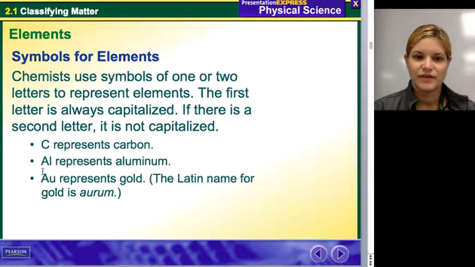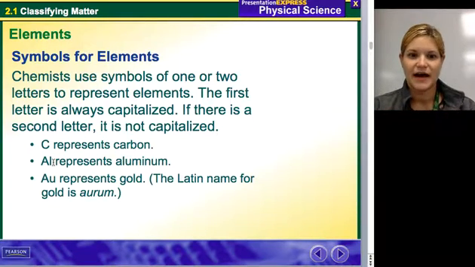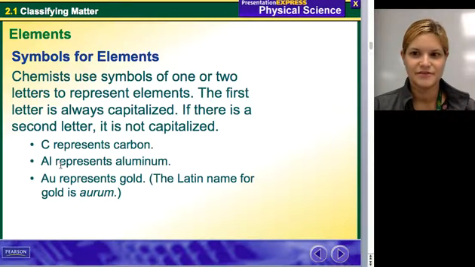And when it's two letters, like Al and Au, the second letter has to be lowercase. That's to let people who are reading the formula know how many different elements you have. So you're looking at the different capital letters, and then the lowercase letters are just there because we run out of uppercase letters.